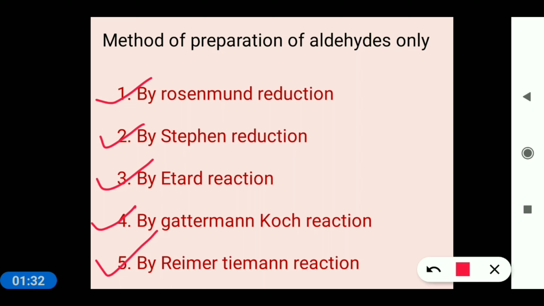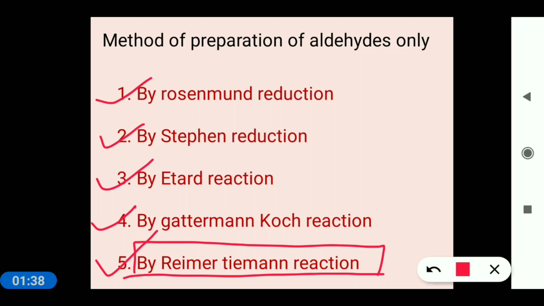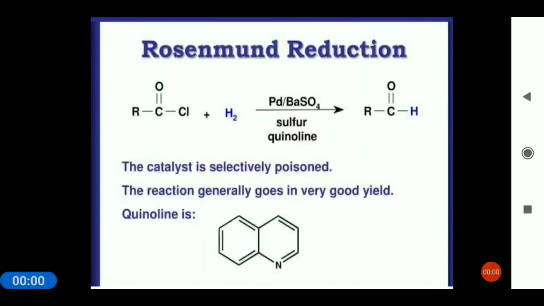Out of these 5, the last one, the Reimer-Tiemann reaction, we have already discussed in the chapter Alcohols, Phenols and Ethers, when we discussed the chemical properties of phenol. So the first reaction is Rosenmund reduction.